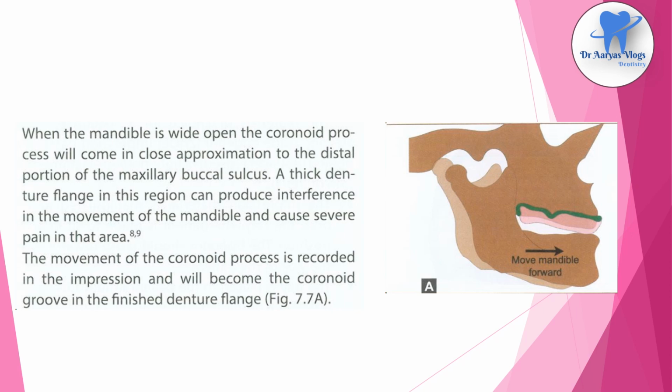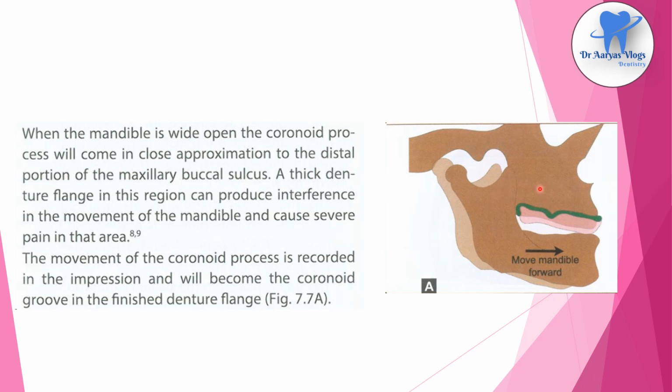When the mandible is wide open, the coronoid process will come in close approximation to the distal portion of the maxillary buccal sulcus. Here this is the condylar process and this is the coronoid process.